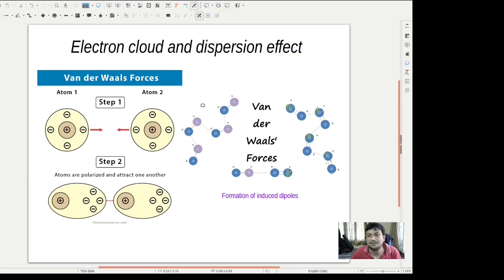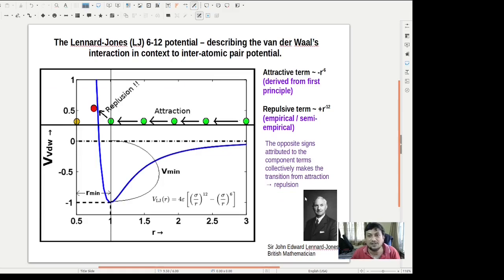In reality, the Van der Waals interaction prevails in a system of atoms, a system of molecules, and also large macromolecular systems. To reveal its true nature, we must account for multiple interactions. But for simplicity, we take the simple example of two hydrogen atoms, because that's the simplest one can imagine.